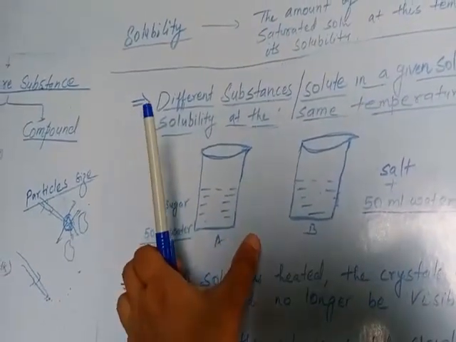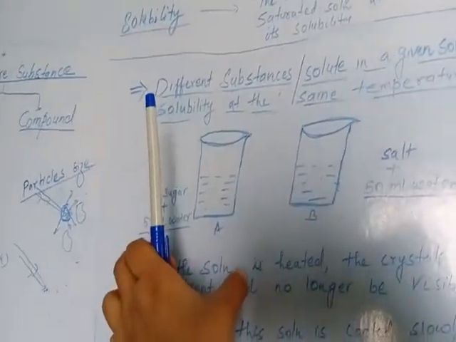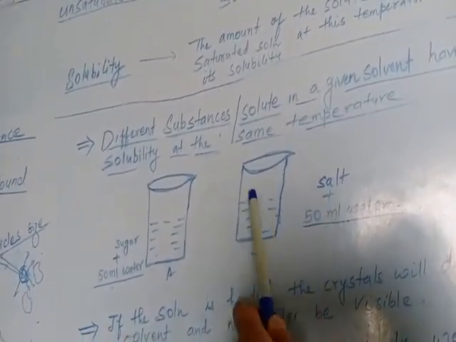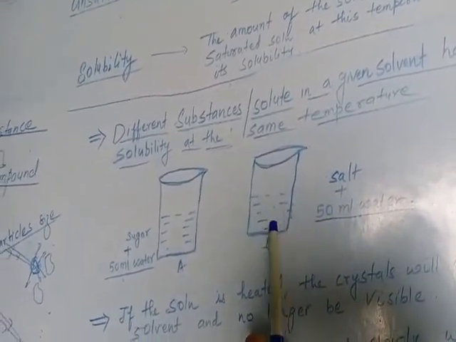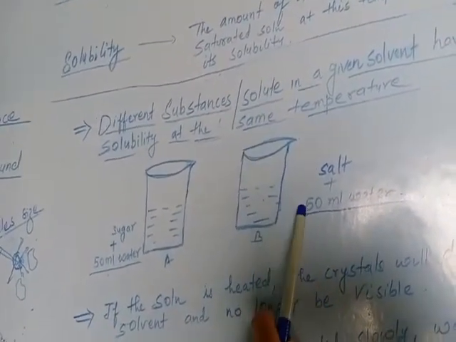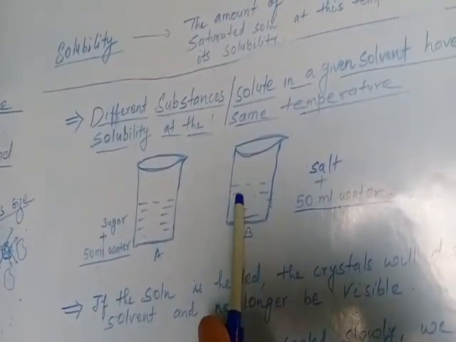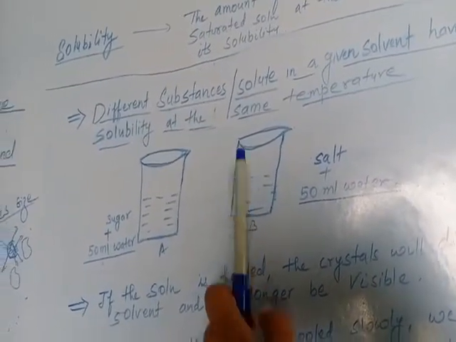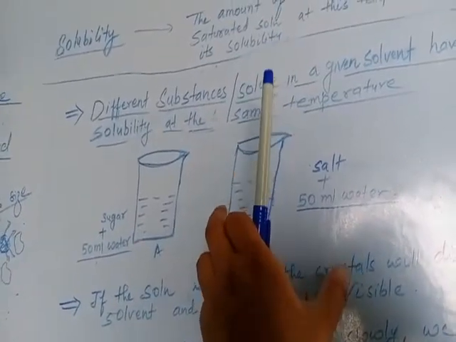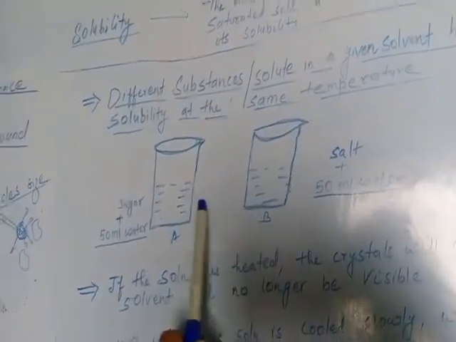That means we have got the saturated sugar solution. Here also in beaker B, we keep adding salt crystals in 50 ml of water. And here also a condition comes when no more salt crystals can be dissolved in 50 ml of water. So there also we get the saturated salt solution.